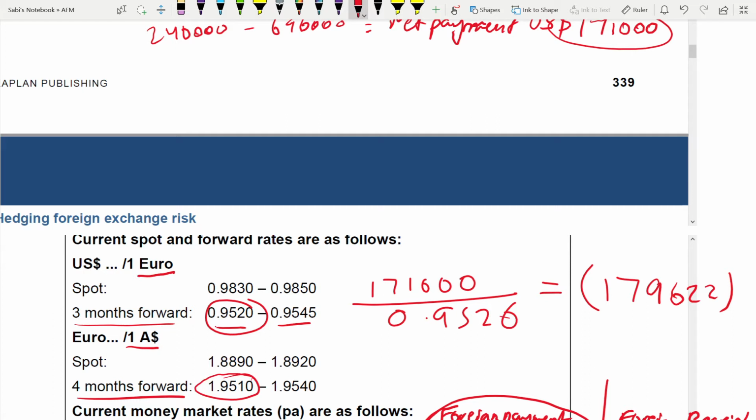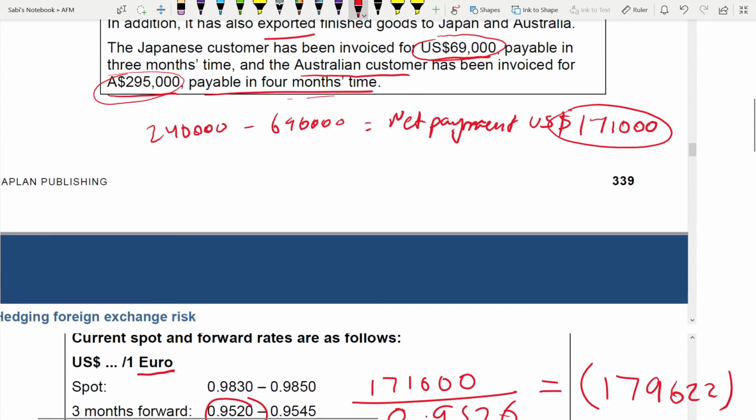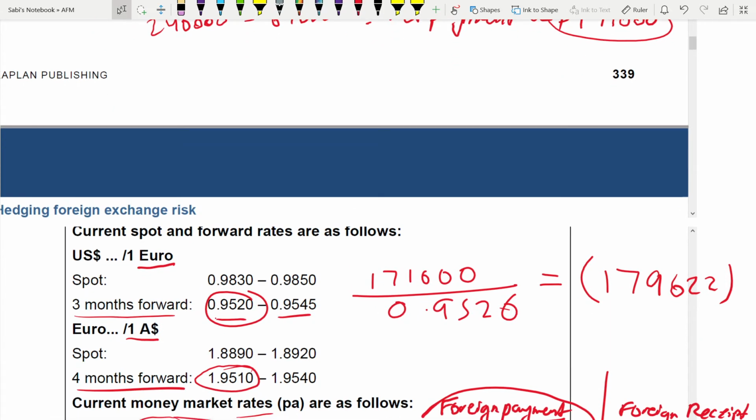So again, here we don't divide. Here we multiply, because this currency is Australian dollar and this is euro 1.951. So for different currencies we always multiply. Okay, it was 295,000.